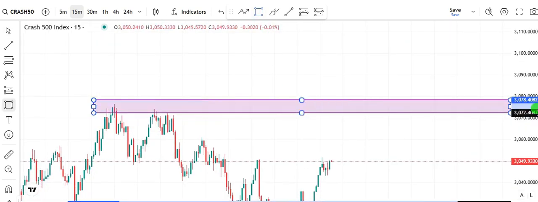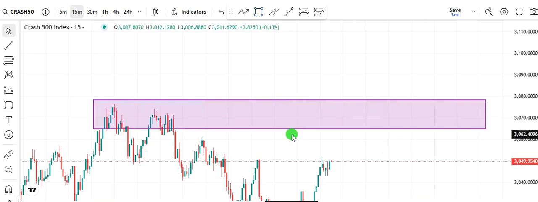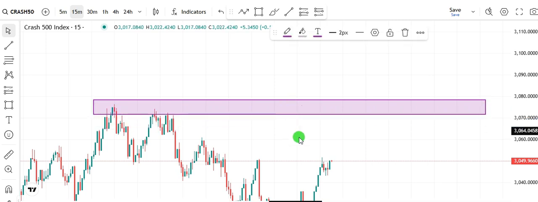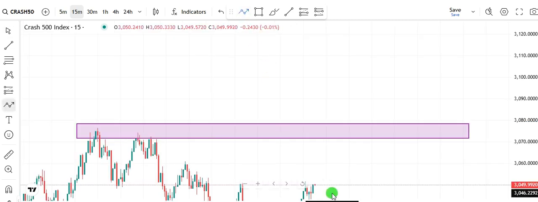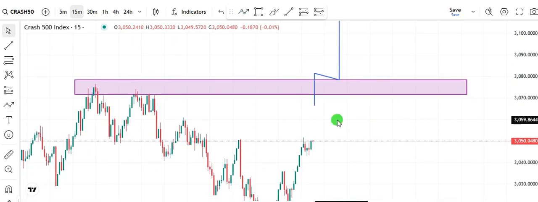So long as this level here gets respected, I'm still looking for a bullish trade, not a bearish trade yet. So I'm waiting for it here before I think what to do. If I can get a breakout from this, then I can think of going long. Otherwise, for now, I'm not doing anything on it. I keep my fingers crossed and wait for the market to show me what it wants to do.